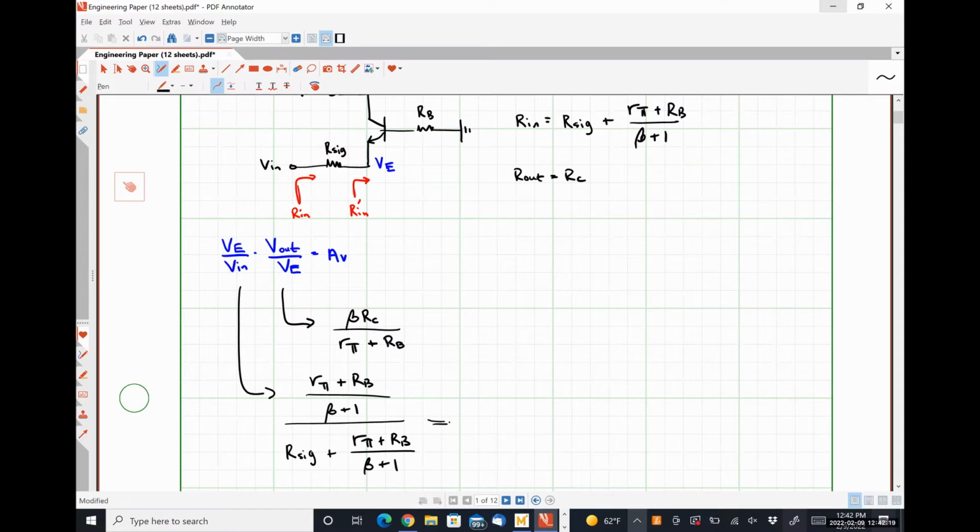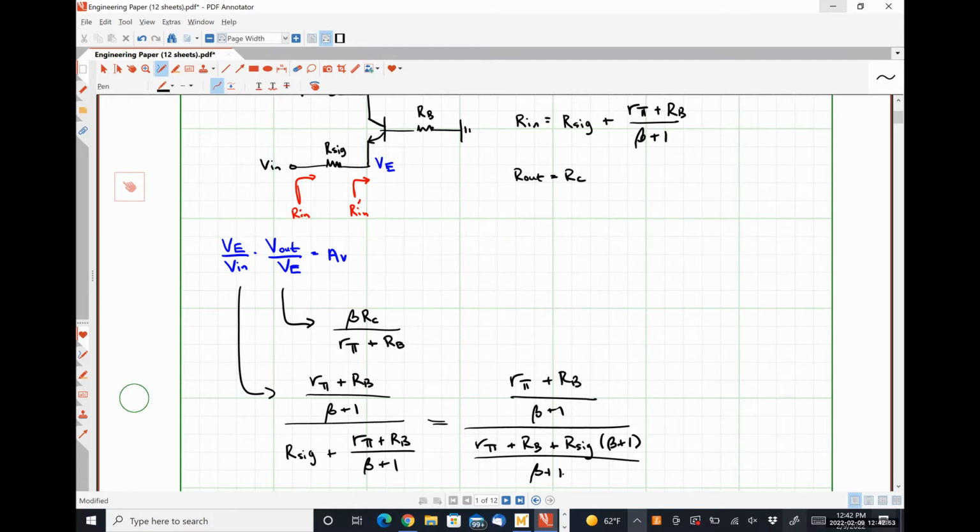So what I'm saying is that we could write this as (R pi plus RB) over (beta plus 1) divided by (R pi plus RB plus R sig times (beta plus 1)), all of that divided by (beta plus 1). Everybody okay with my algebra here?